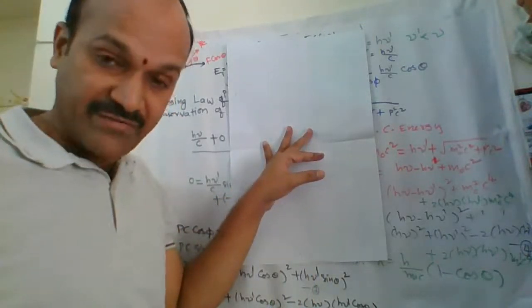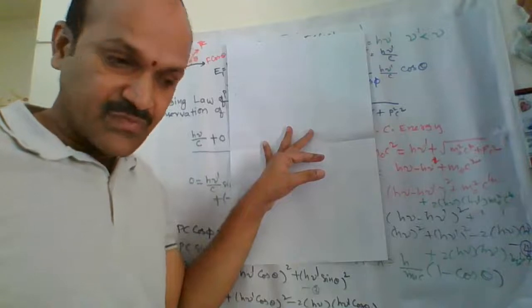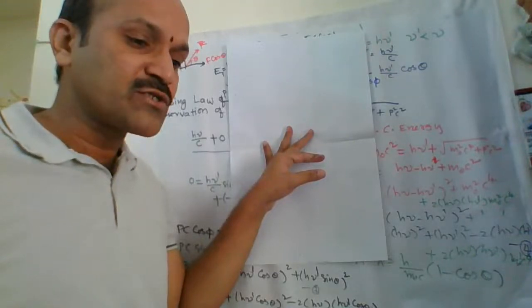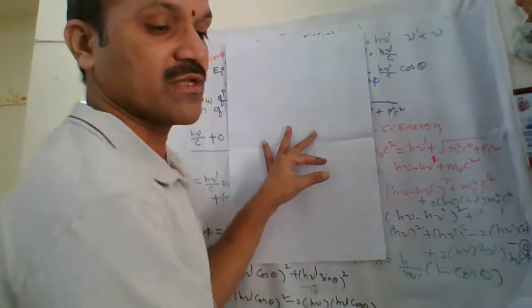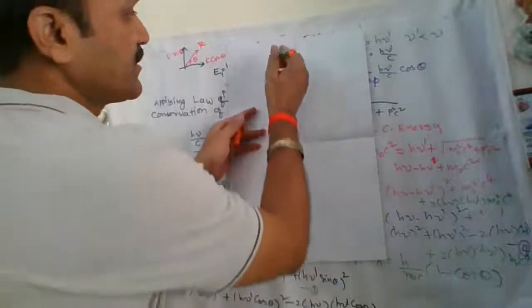So based on that equation, let us draw a few graphs. What is h by m naught? h by m naught c is the Compton shift. Its value is 2.427 picometers. That you remember.